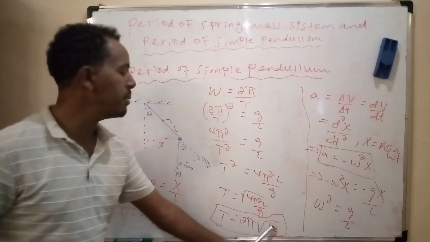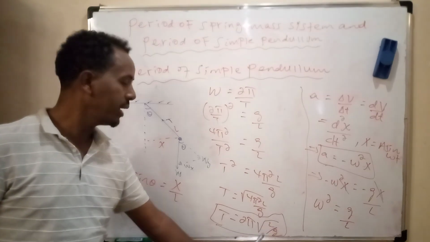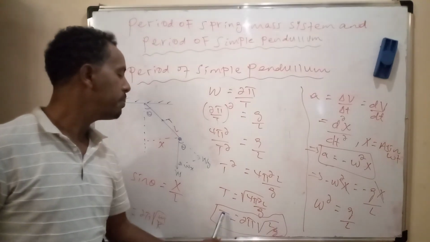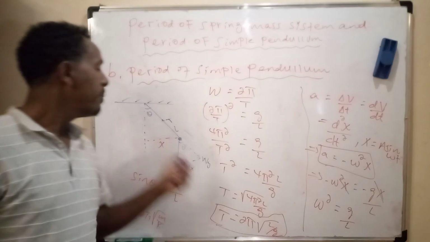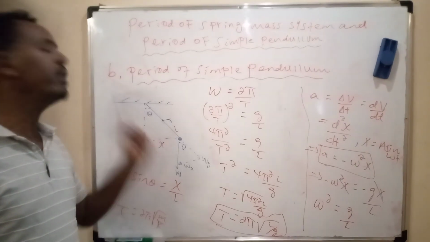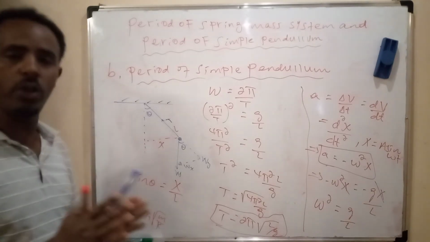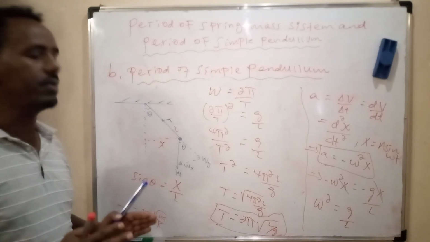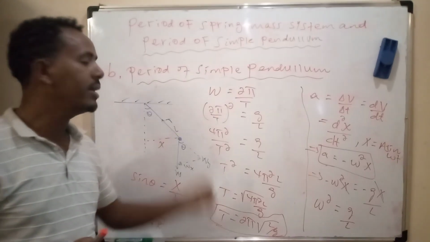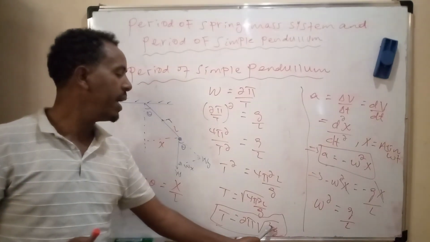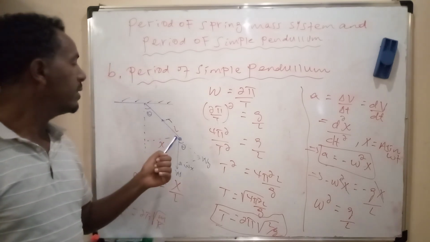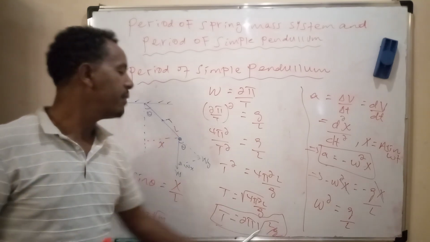In a simple pendulum, mass cannot affect the period, because the mass of a simple pendulum is considered a point mass. It is negligible.